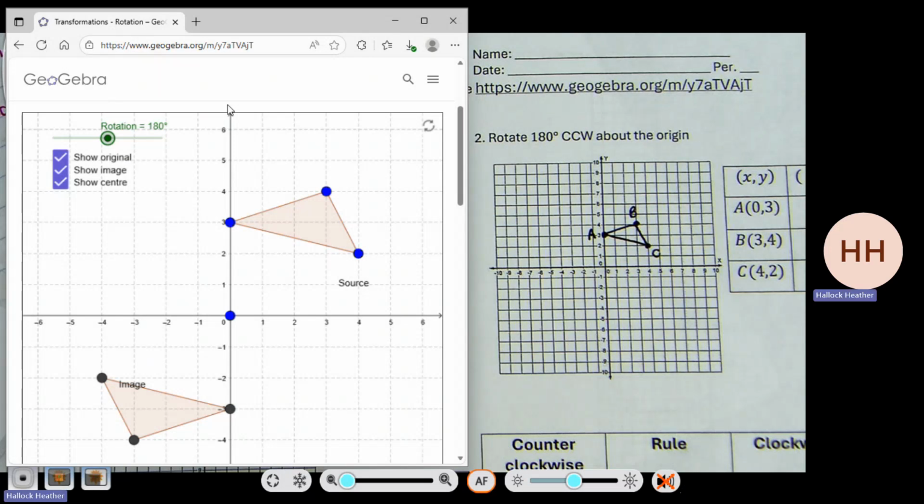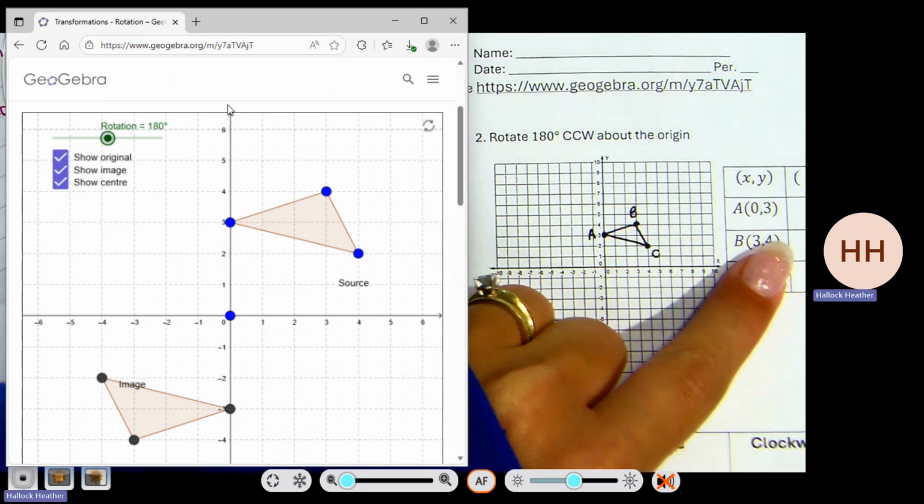So if your graph looks different, it might be just because your rotation. So type A, B, and C. Ready to move, ready to go.